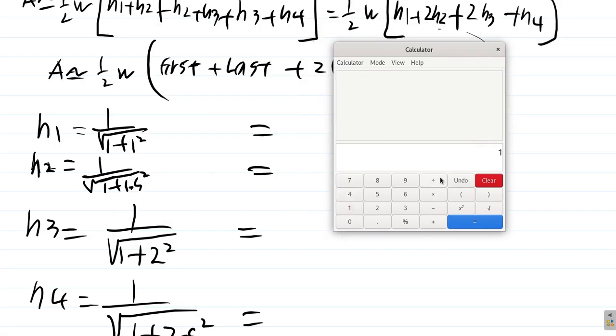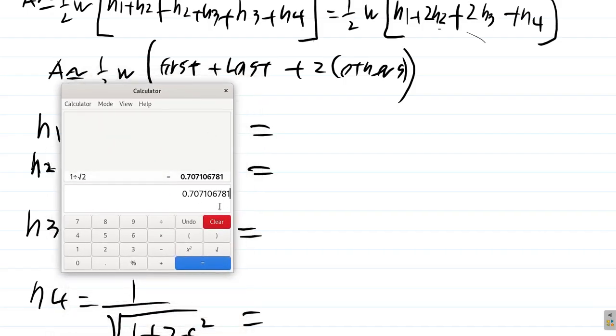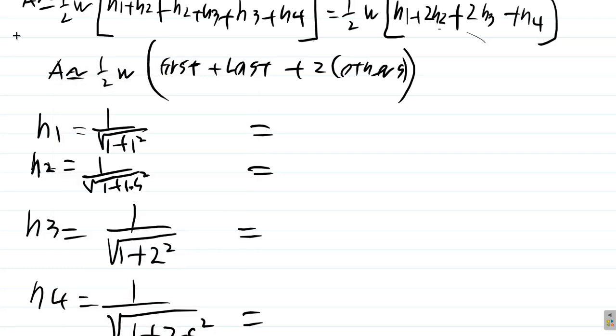So 1 over the square root of 2 is 0.7071.